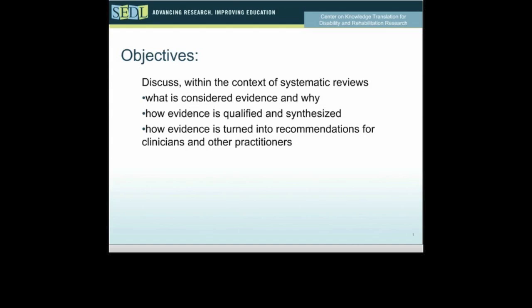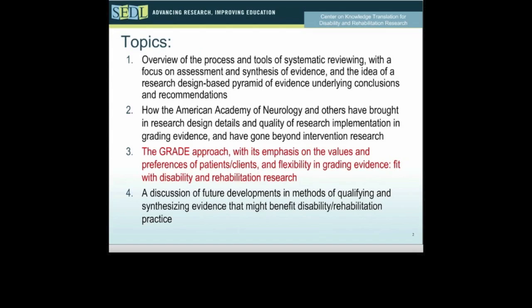The objectives are unchanged from previously. We want to have a closer look at what is done to turn research results into evidence that can be used to support practice. So nothing new here.